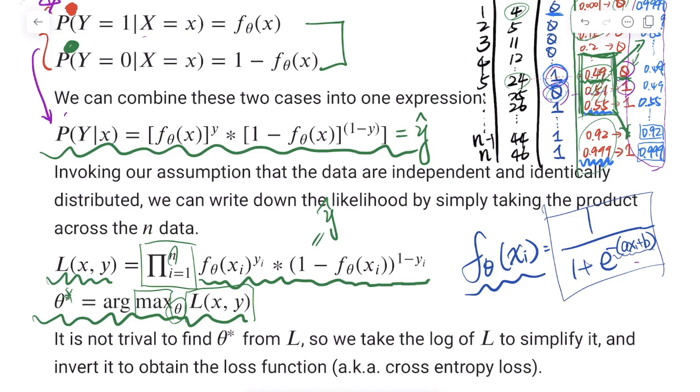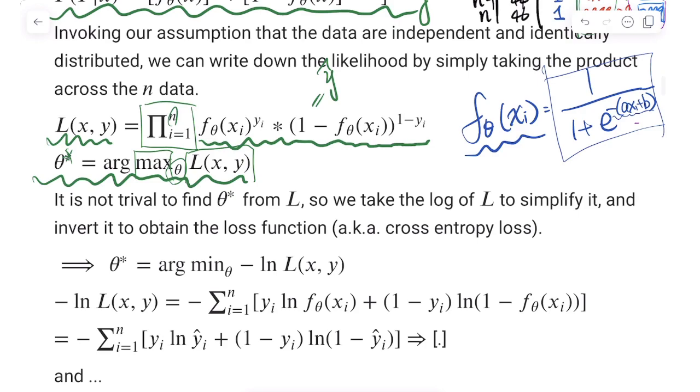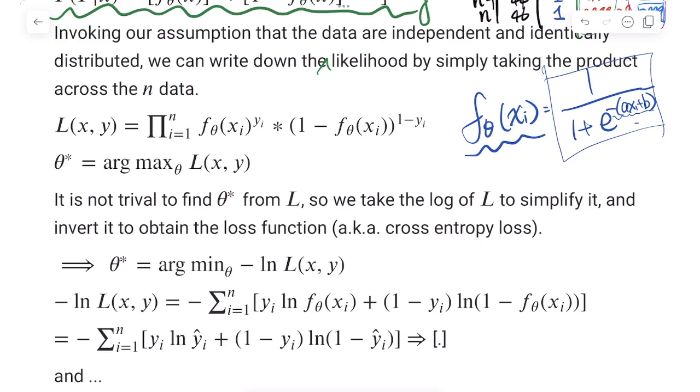So we simply try to calculate the maximum value of likelihood. But for mathematicians, it is not that trivial to find a maximum value. So again, there are some mathematical tricks.